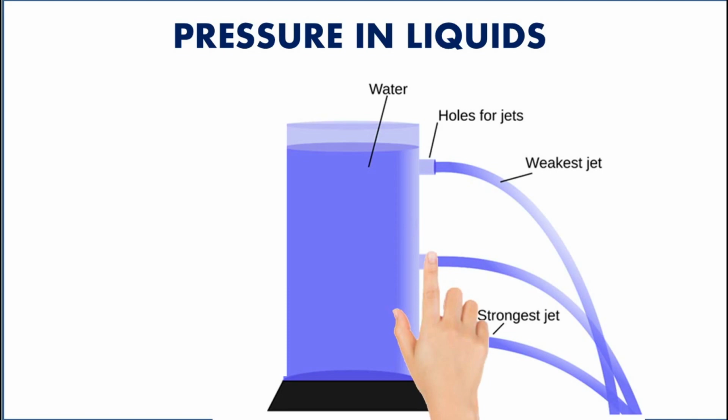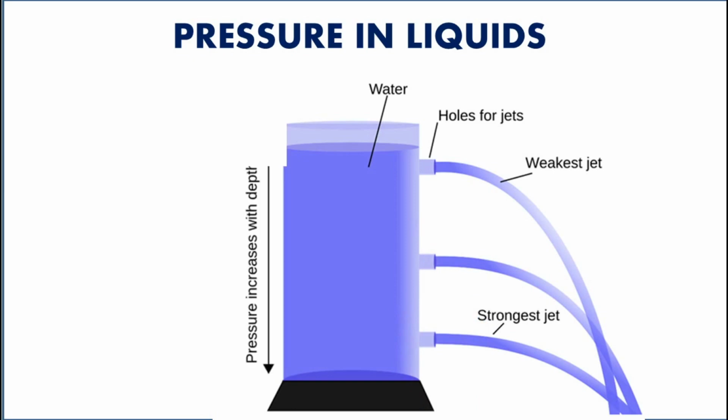We can also notice that as the depth of the hole below the free surface of the liquid increases, the force of the liquid to flow also increases. So pressure exerted by a liquid column depends on three factors.